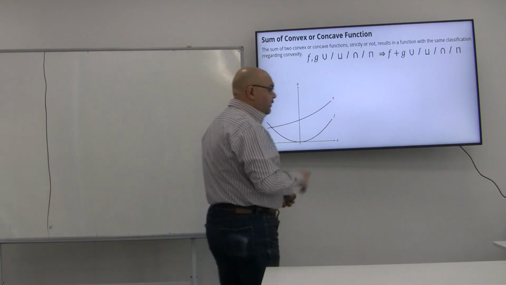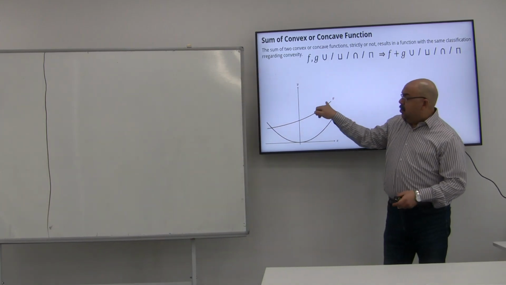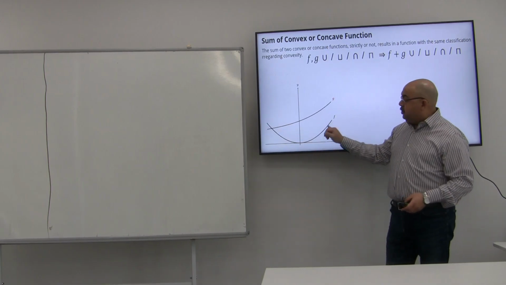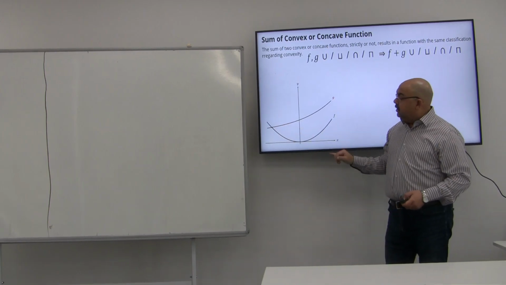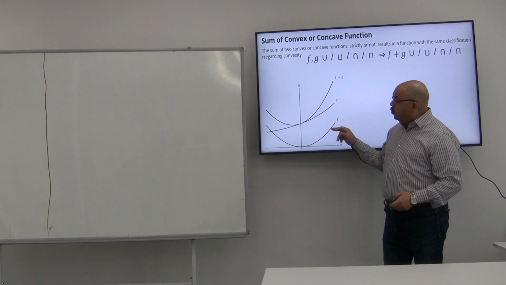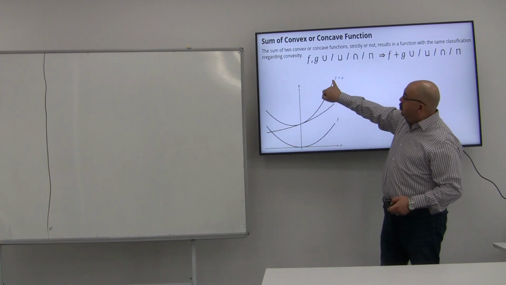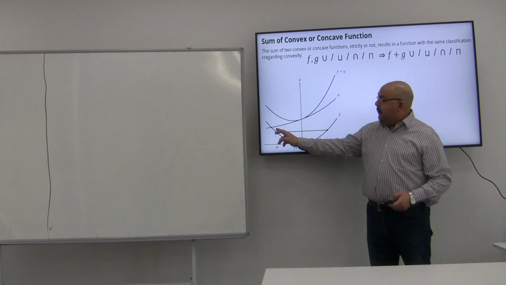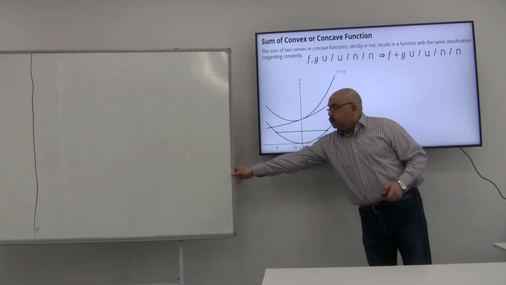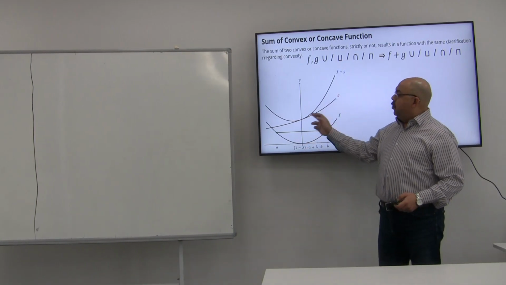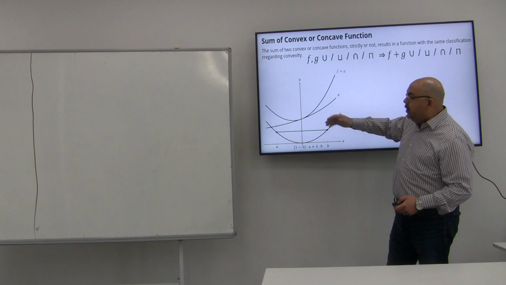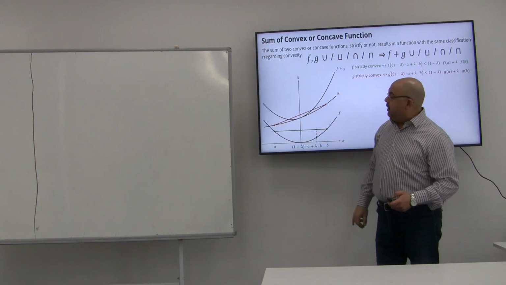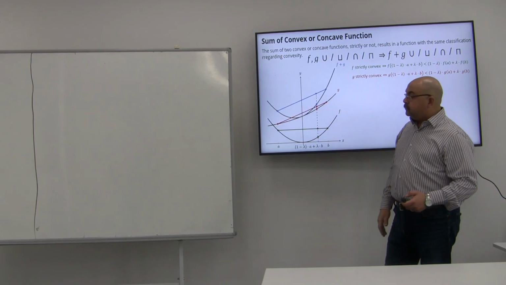So if you imagine that I have G, which as you can see is a convex function, and F, which is also a strictly convex function, and you add these two functions together, you will have F plus G. If you take a line segment between any 2 points, either on F or on G, and add them together, the result also will be exactly the same for F plus G, as you can see.